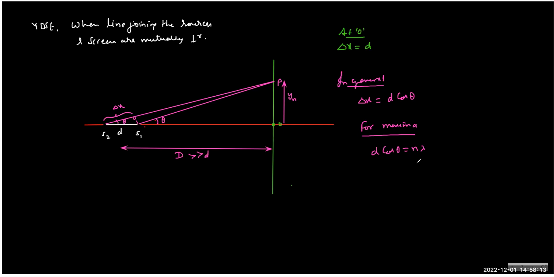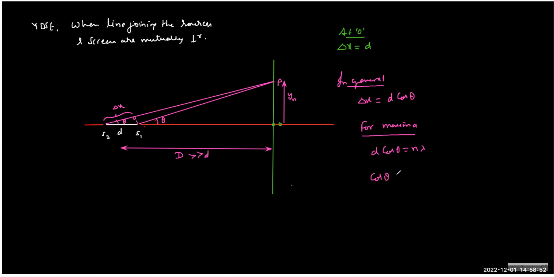If I give you d equals 4 lambda, then we know that the O is the 4th order maxima, then 3rd order is actually above it, isn't it? And this is beautiful. Mathematics will take care of everything because cos function is a decreasing function. So higher the order, lesser the angle. So highest order will be closest to the O only. It could be O also. So that's why cos theta will take care of all things.